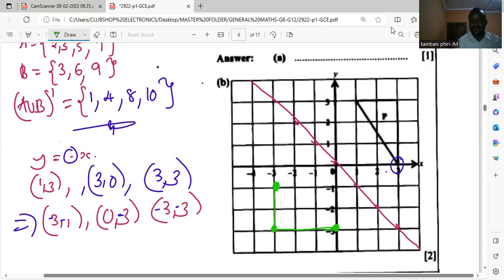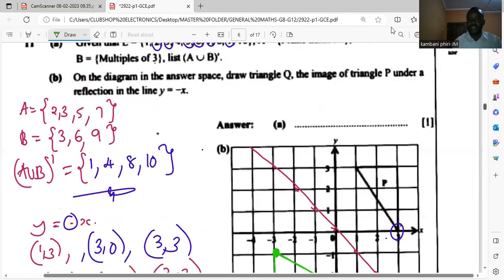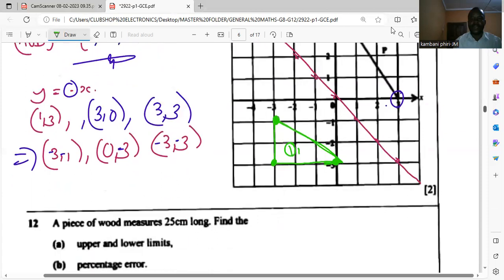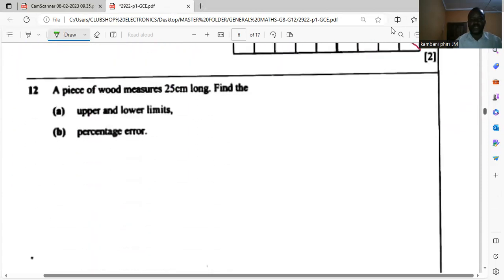Of course, you're supposed to use a ruler. The triangle is exactly opposite to that, and this is the Q. And they're done. As simple as that.